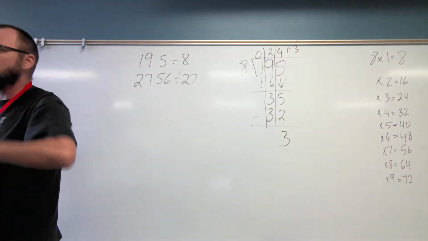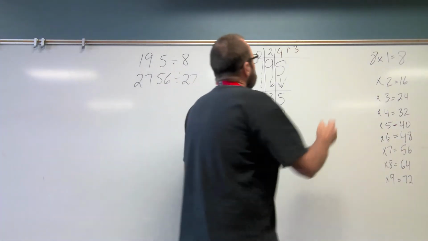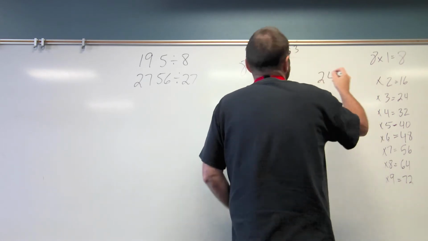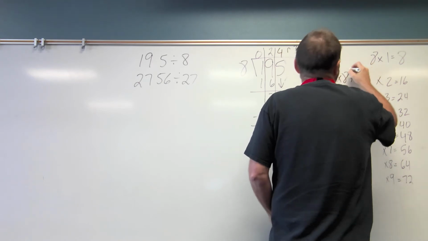But wait! Bree likes to get good grades. So Bree wants to go ahead and check this. She can check it by multiplying our quotient times our divisor and adding our remainder.